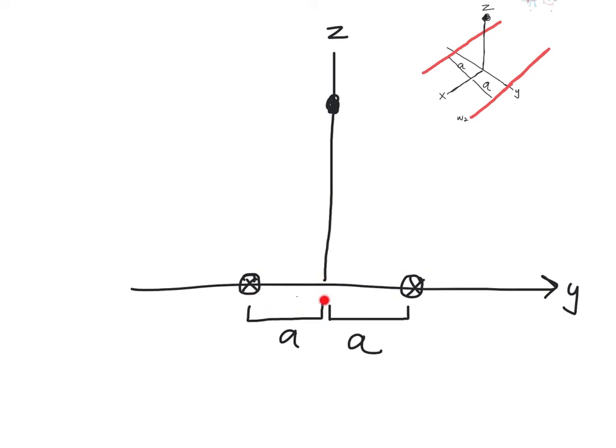The 2 wires are a distance a from the origin, and here's our point along the z-axis, which is at 2a. So now what I want you to do is wire 1 is going to have a vector B1, and I want you to draw that in the correct orientation. And then wire 2 is going to have a magnetic field vector B2 at that point along the z-axis. So see if you can draw those 2 vectors.